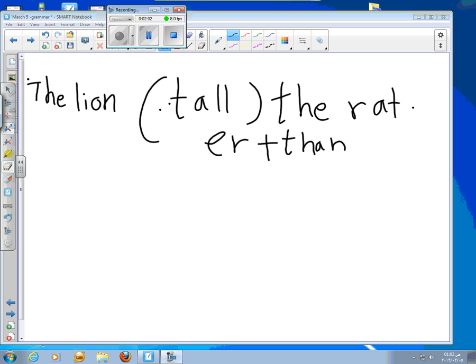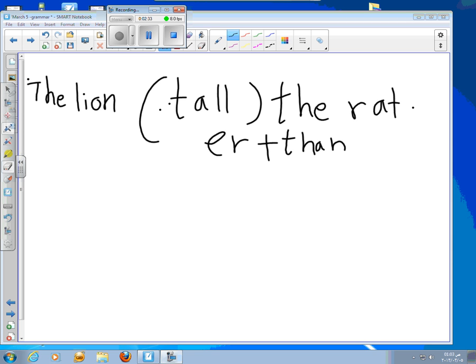Suppose I want to compare between Ahmed Hashim and Shadi using the adjective thin. What will I say? I say Shadi is thinner than Ahmed.